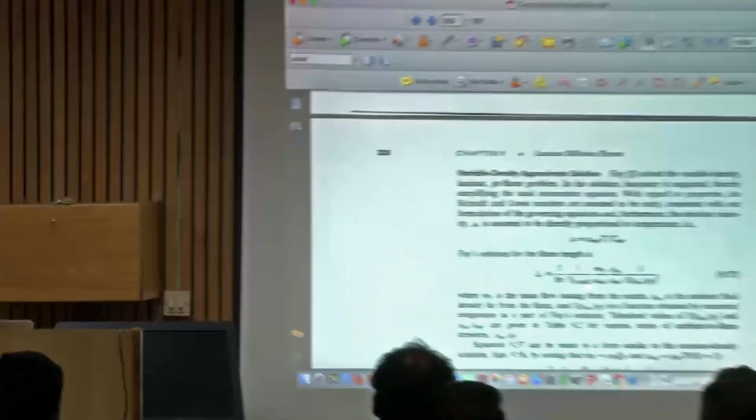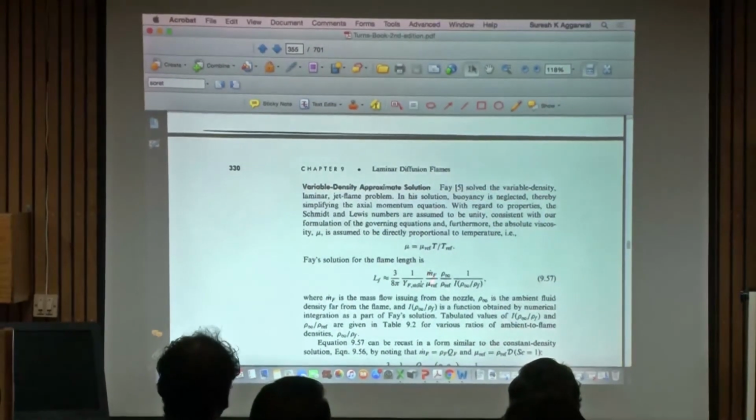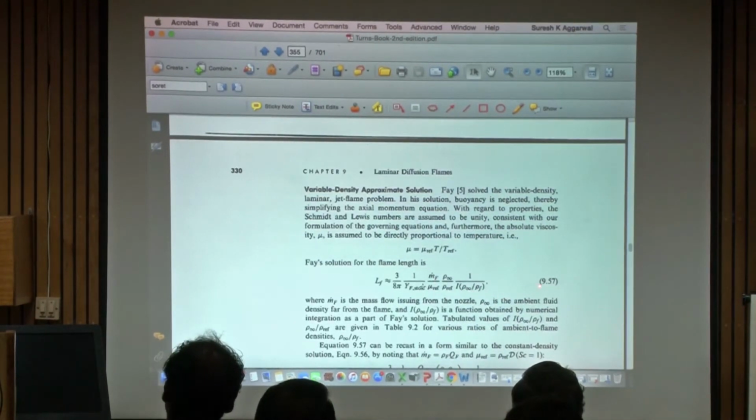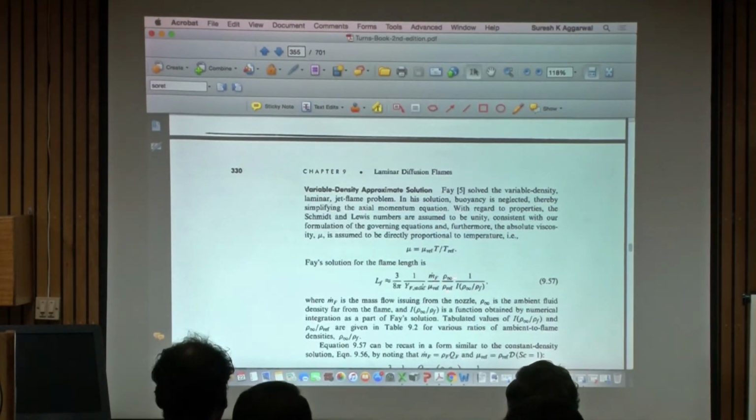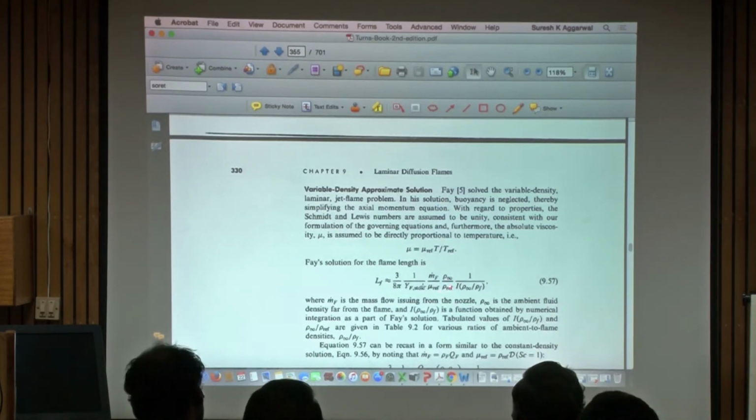If using that, you get a different solution for the flame length, but the basic parameters are still there. So what are the basic parameters? We can identify YF stoichiometric. MF dot now is QF times rho E. So it's the same. There's another rho now, ratio of the ambient density, and this is some reference density. And this is the density of the fuel.